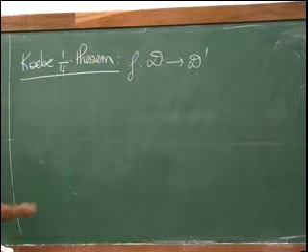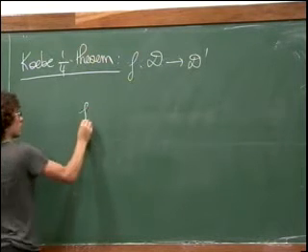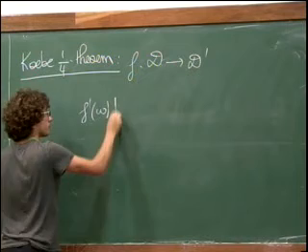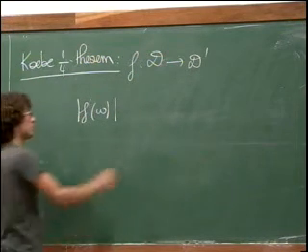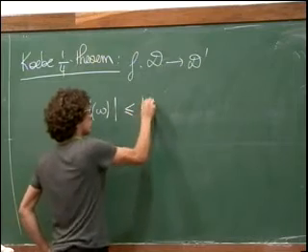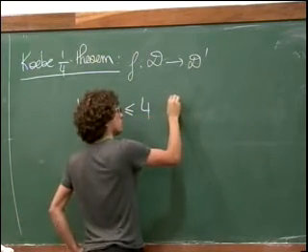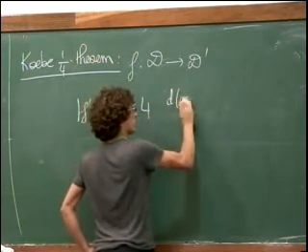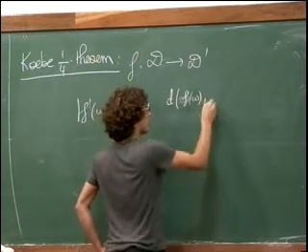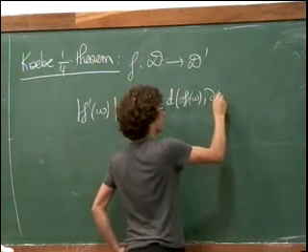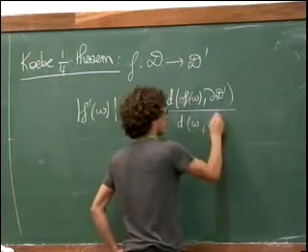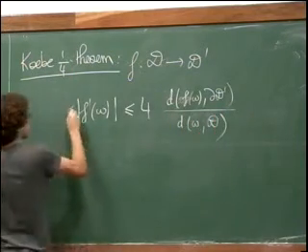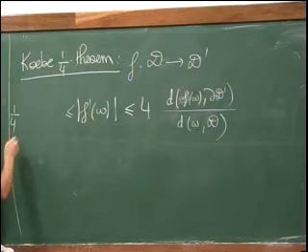And what it says is that when I look at the derivative at some point omega, it's less or equal to 4 times the distance between f of omega and the boundary of D prime over the distance between omega and the boundary of D. And here I have the same thing with 1/4.